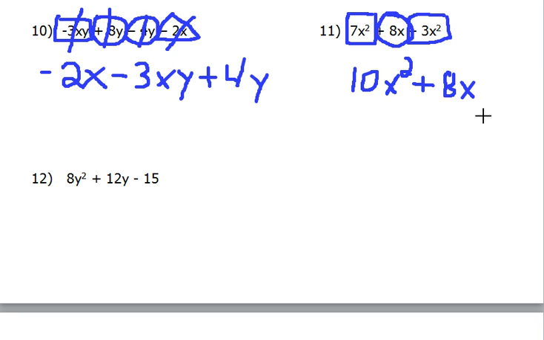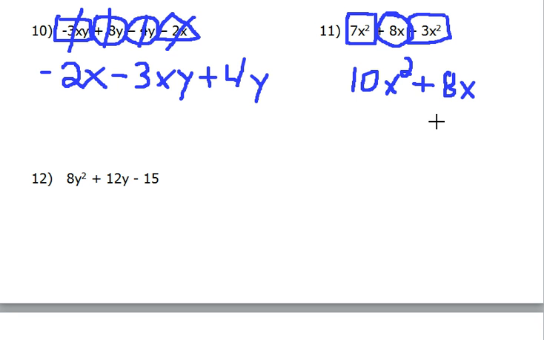And this is how this expression would look. When we have variables that have exponents, we write them in descending order of their exponents. So for instance, this exponent is a 2, and this exponent is a 1. So the variable with the 2 comes first, and then the variable with the 1.